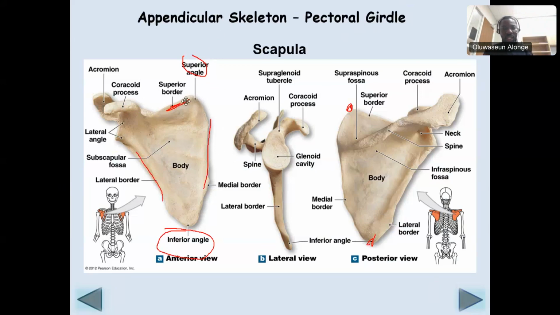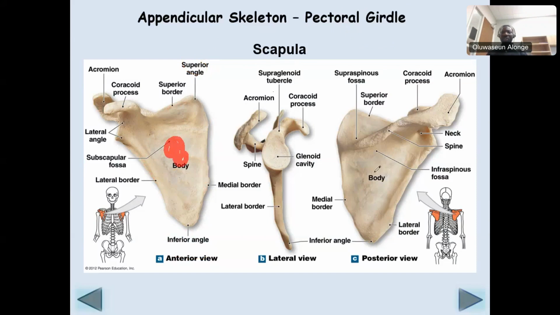When you look at the anterior portion of the scapula, you are going to see what we call the subscapular fossa. The subscapular fossa is right here. That is the anterior view.